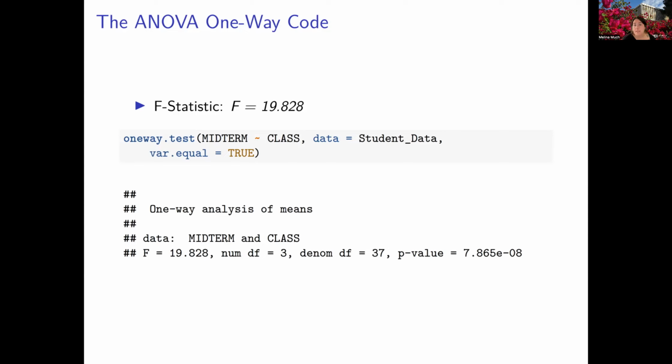So something to note, we don't have a $ in any of these variable selections, and I'll tell you why. There are certain cases where you can move away from that because of the direction that R reads. You don't have to have $ in this case because R reads from right to left, meaning it reads student data first and then reads midterm class in these functions specifically.